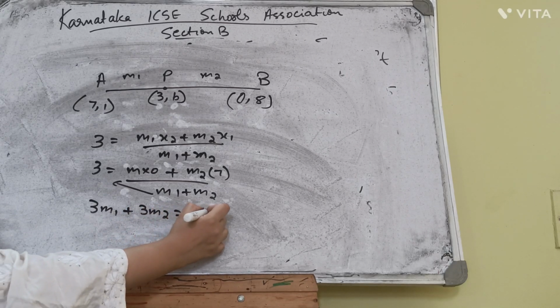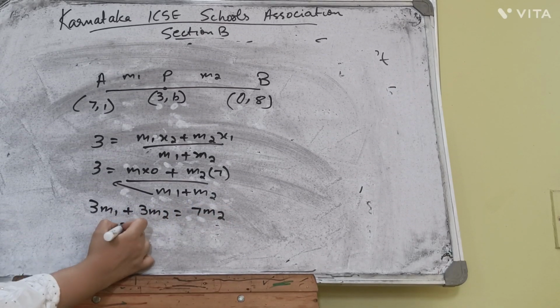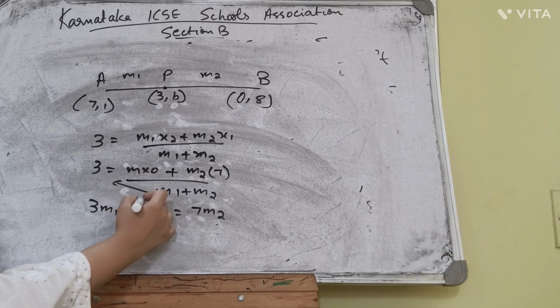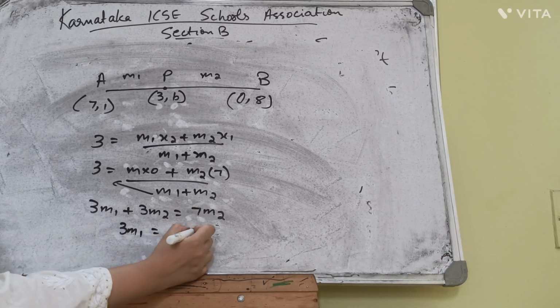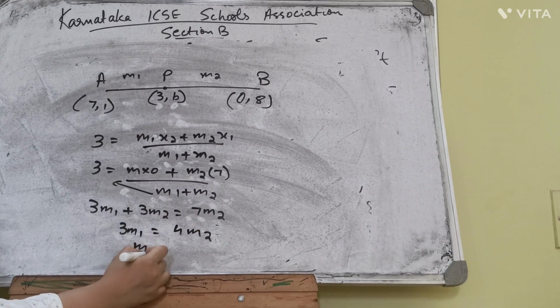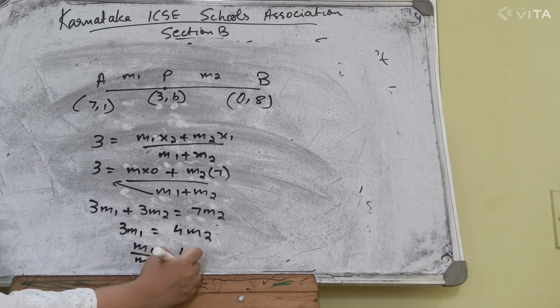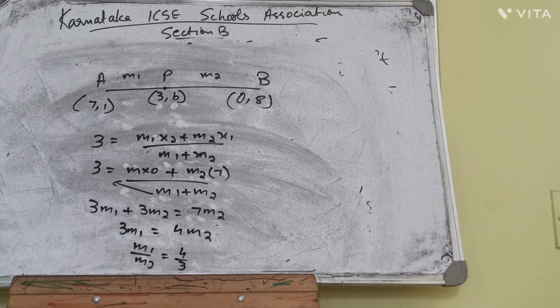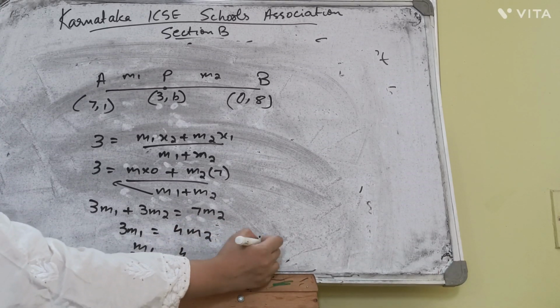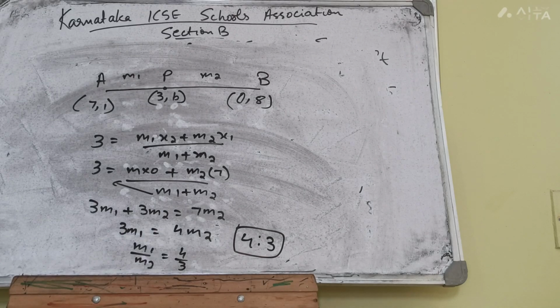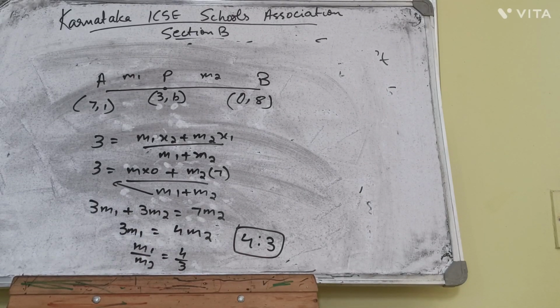Cross multiply, you'll get 3m1 plus 3m2 is equal to 7m2. So 3m1 is equal to 7m2 minus 3m2, which is 4m2. m1 by m2 will be 4 is to 3. So the ratio is 4 is to 3.